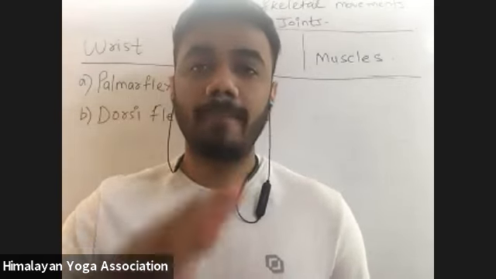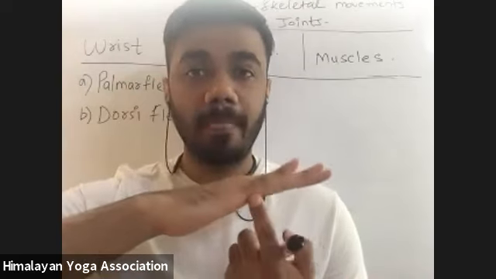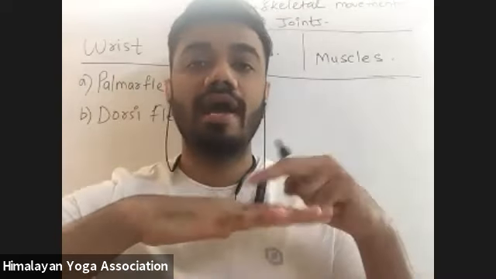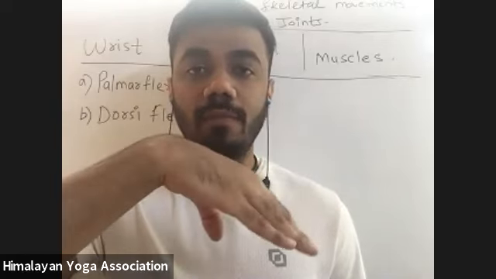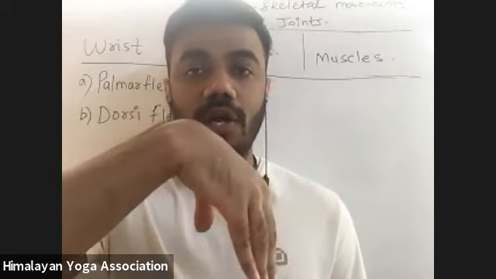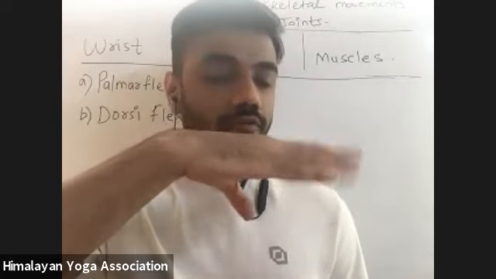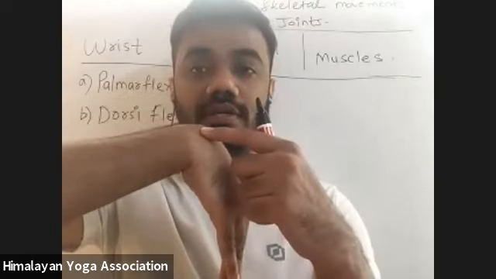So palmar flexion. This is our palm, this is our hand. Palmar flexion is when we bring our wrist down, so when we point our fingers down, this is palmar flexion. And what is dorsiflexion of the wrist?